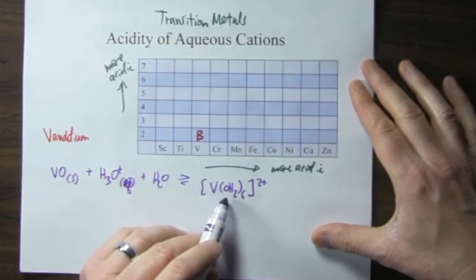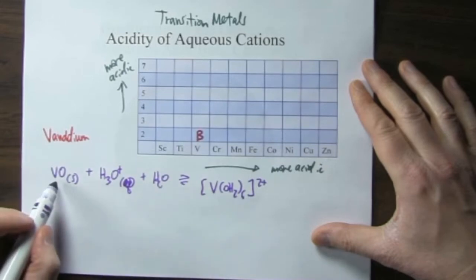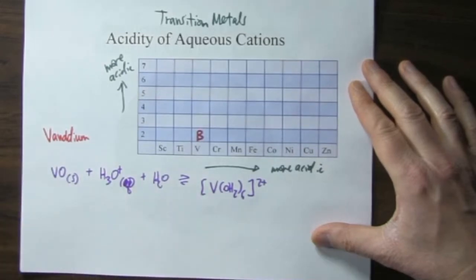So this is a lot like the transition metal aqueous cations we saw before. This is going to act as acid, so this was a base to form that acid.